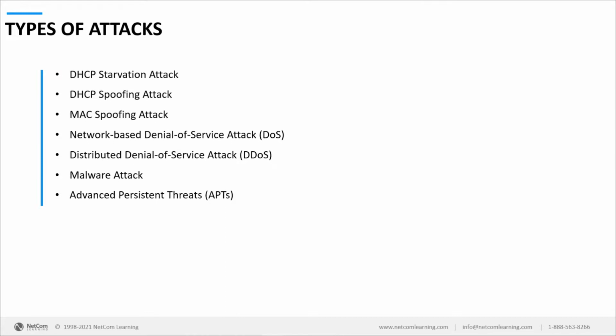A consumer-based router will allow you to change the MAC address because a lot of times, at least in the past, ISPs would hard code the MAC address of the device they gave you.